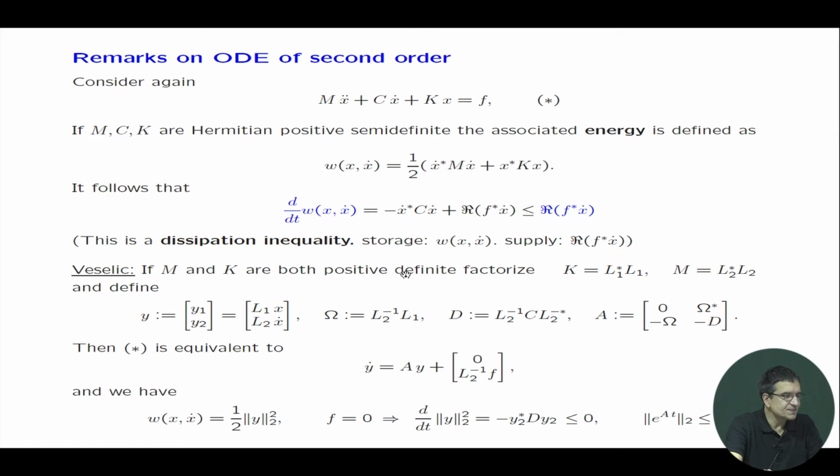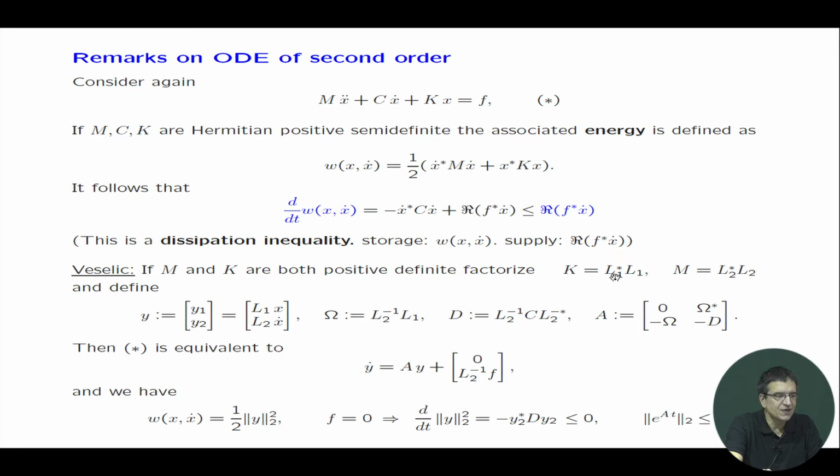Now I found in the book of Weselic the following idea. If you look at it, it's very simple, but you must have this idea. If K and M are both semi-definite, you can factorize them. Take the Cholesky factorization, for instance, or there are a lot more possibilities.